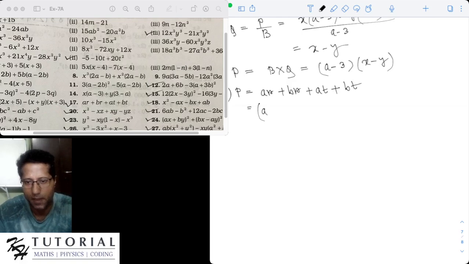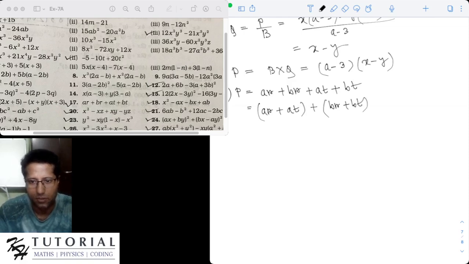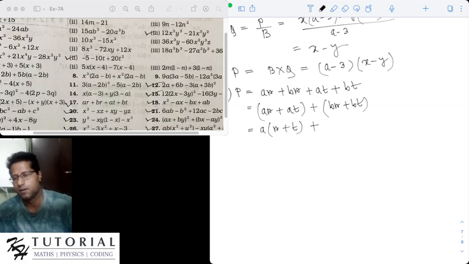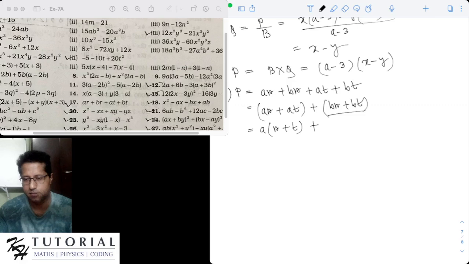The first group is AR plus AT, and the second group is BR plus BT. From the first group I can take out A as the common factor and I get A into R plus T, and from the second I can factor out B and I get B into R plus T.